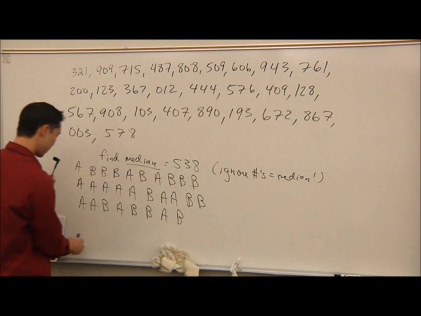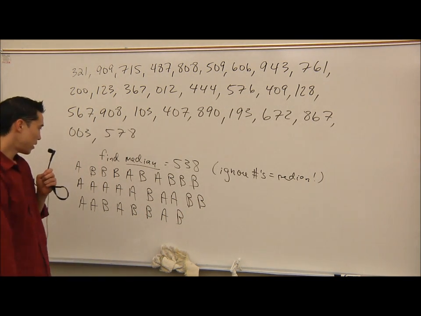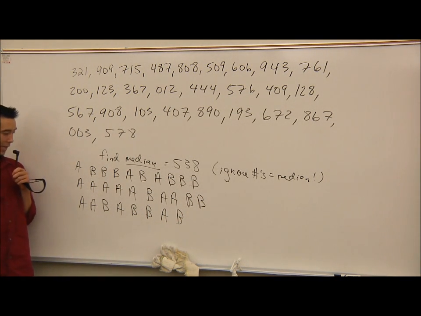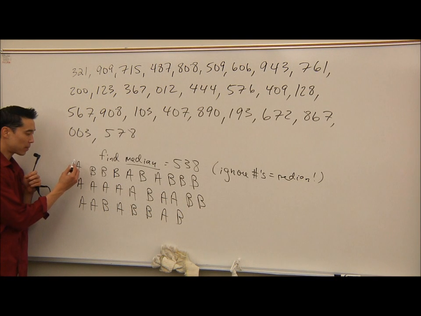Okay, double check that you got this. A, B, B, B, A, B, A, B, B, B, A, A, A, A, A, B, A, A, B, B, A, A, B, A, B, B, A, B. Yes? Okay. Then just go through exactly like we did last problem. Circle the runs.